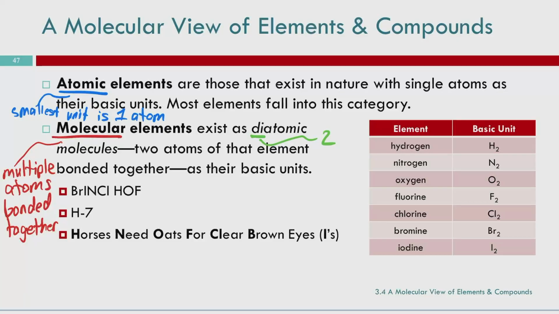It's kind of silly, it's a little bit nonsensical, but that's one of the mnemonic devices. That's the spelling for mnemonic, in case you were wondering. I'm sure you weren't. And then another one of them is H7. If we look at our periodic table, hydrogen is up in the far top left corner.